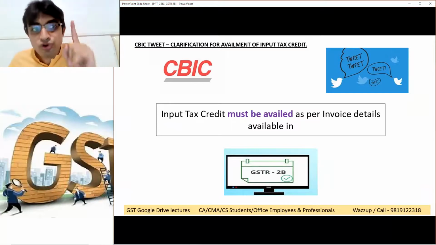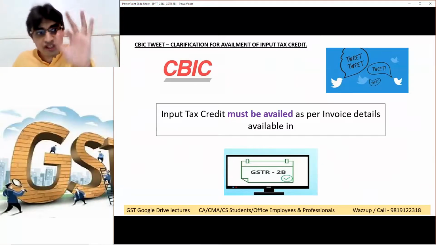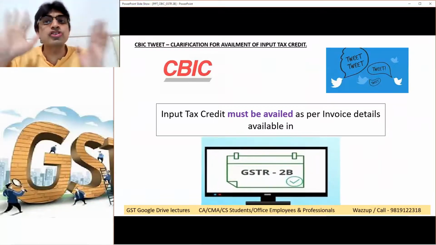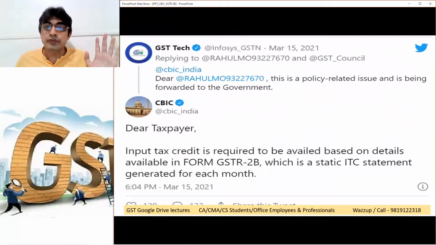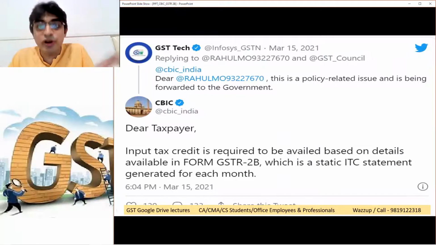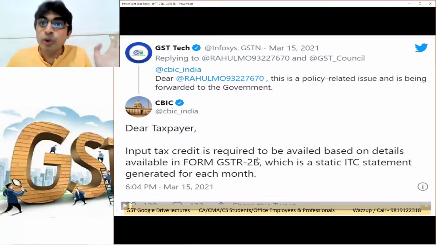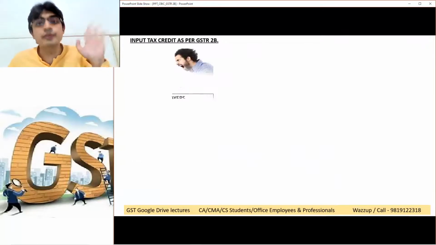For whatever ITC document you want to check, invoice details, ITC details, refer to GSTR 2B, not 2A. So this is not a circular, this is a tweet given by CBIC. It is saying ITC details are to be availed as per GSTR 2B, not 2A. So whatever ITC it is, as per 2B.